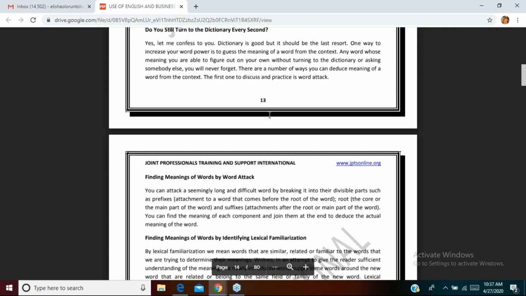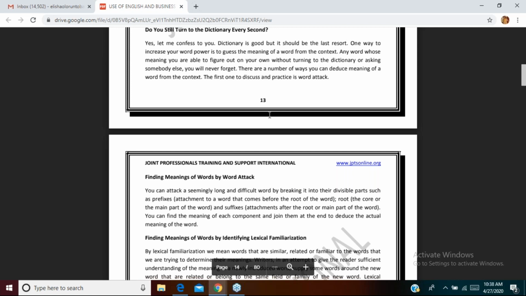You get that now? So the core of the main part of the word and suffixes. So attachment after the root or main part of word. So you can find the meaning of each component and join them at the end to deduce the actual meaning of what? Of the word.